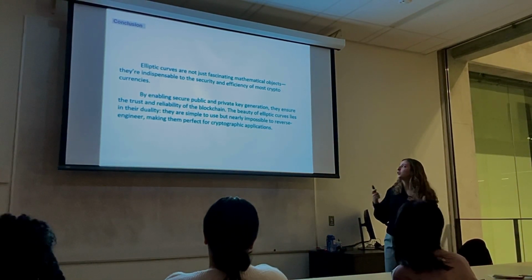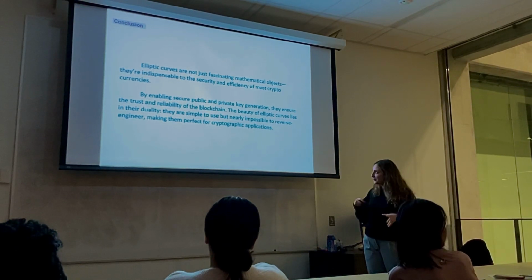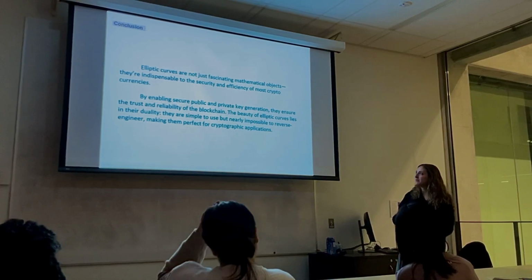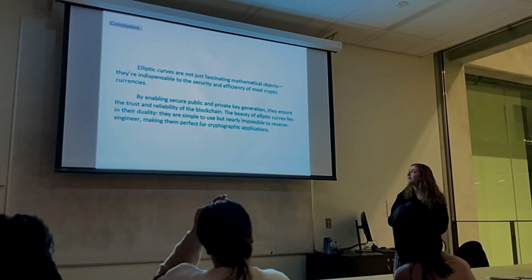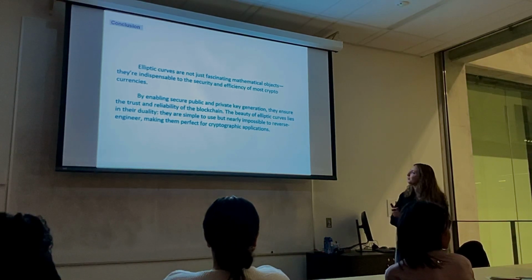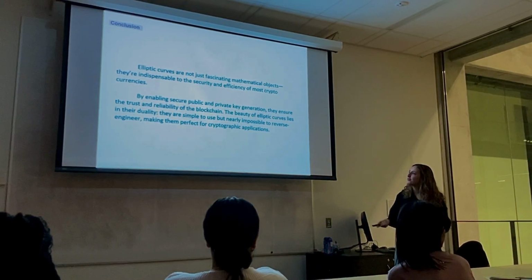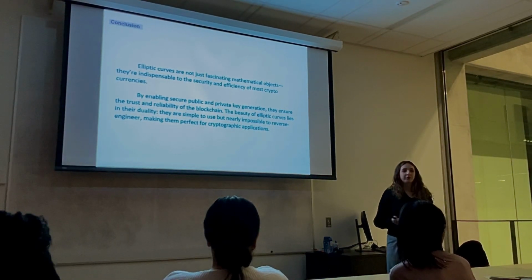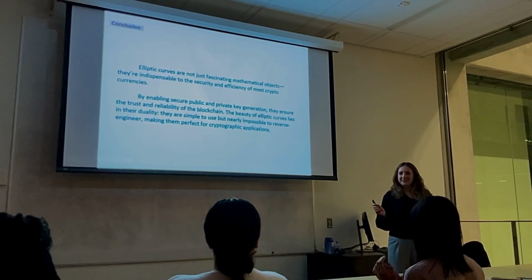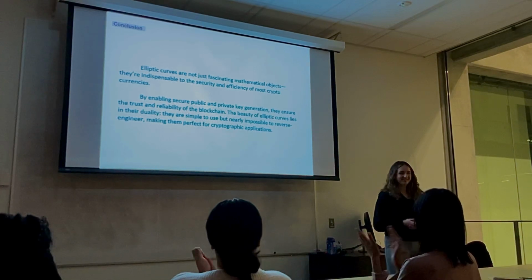By enabling secure public and private key generation, they ensure the trust and reliability of the blockchain. The beauty of elliptic curves lies in their duality: they're simple to use but really, really hard to reverse engineer, making them perfect for cryptographic applications. Perfect. Thank you for listening.